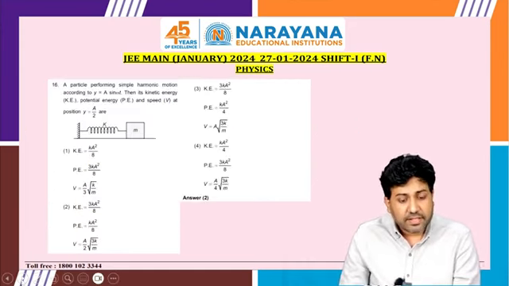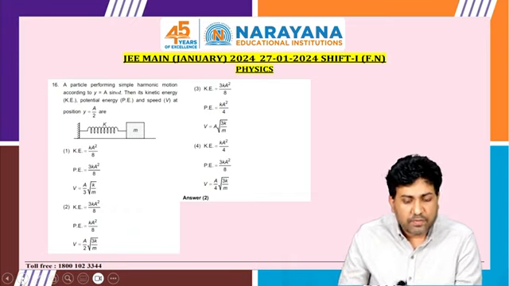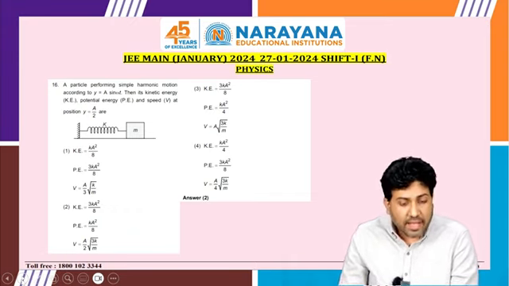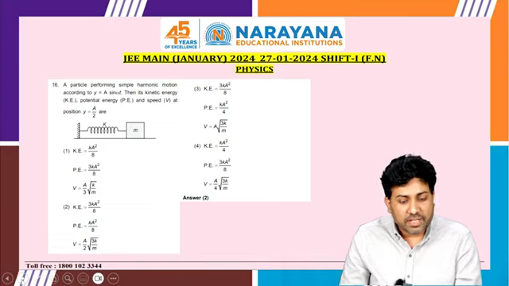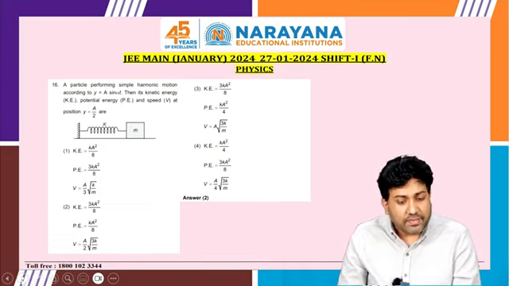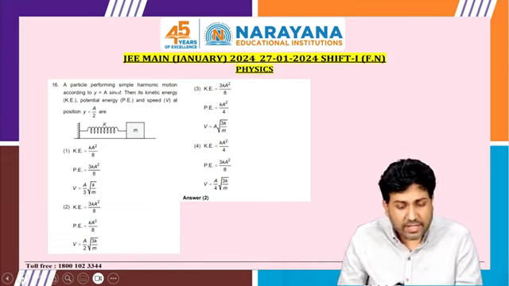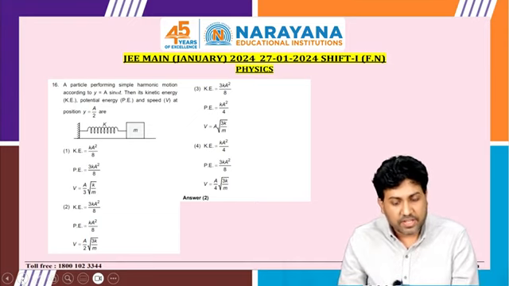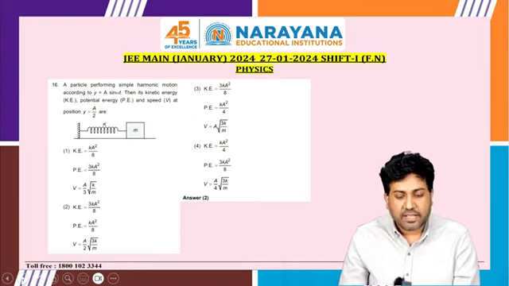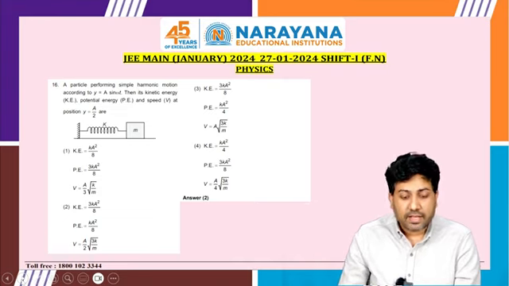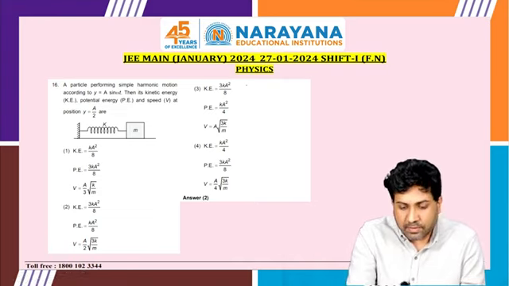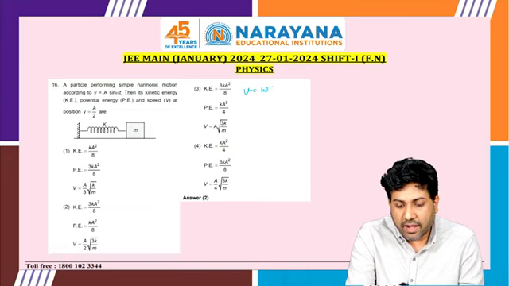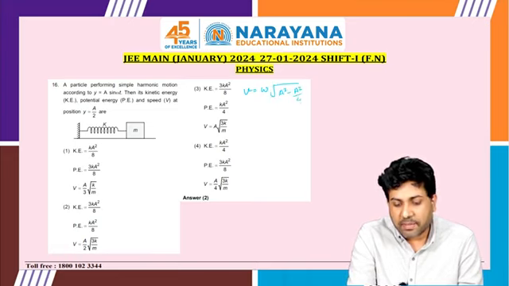It is given here that a particle is performing simple harmonic motion, and the equation of simple harmonic motion is given to us. Then they are asking, what is the kinetic energy, potential energy, and speed at a by 2. Okay, I know that V is equal to omega root over a square minus x square. According to the question, x is a by 2.